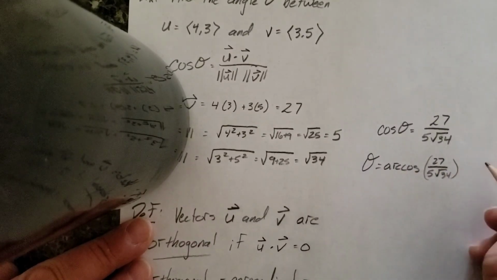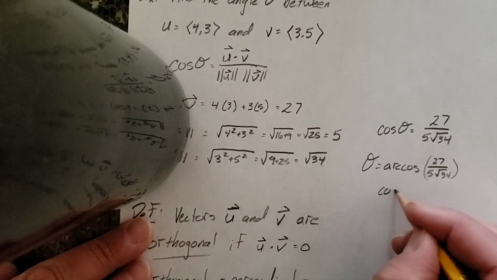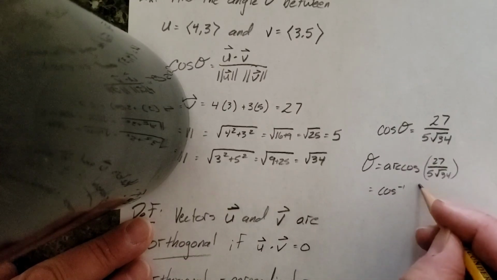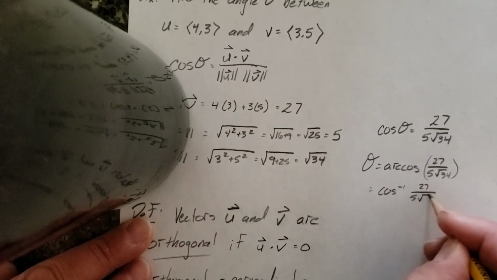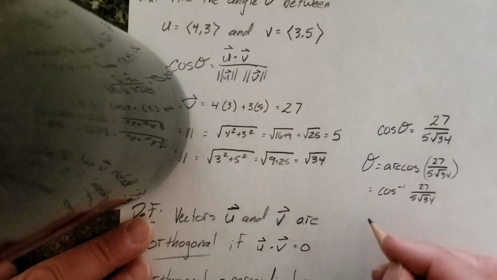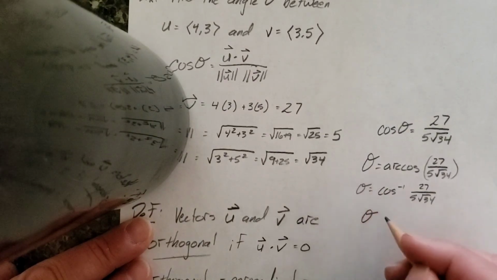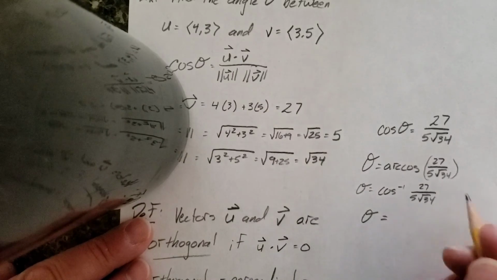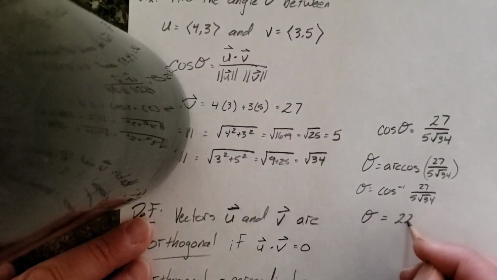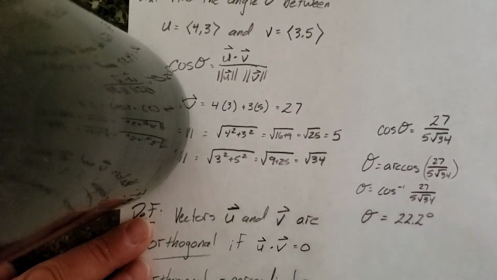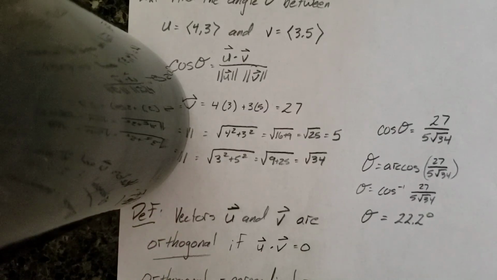And another way to put that in the calculator, cosine inverse of 27 over 5 radical 34, and theta ends up being, when you put that into the calculator, 22.2 degrees. Okay, there's that example.